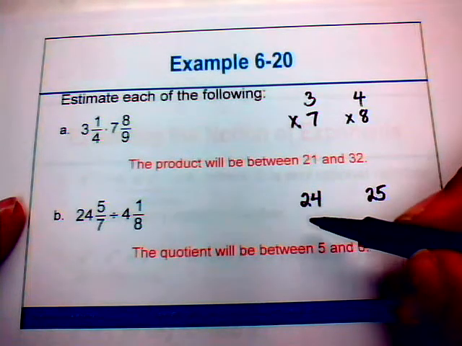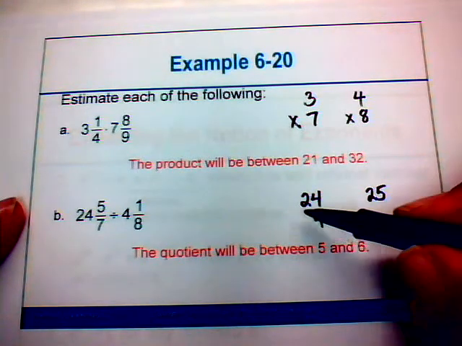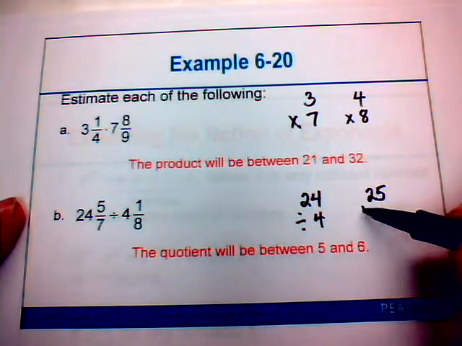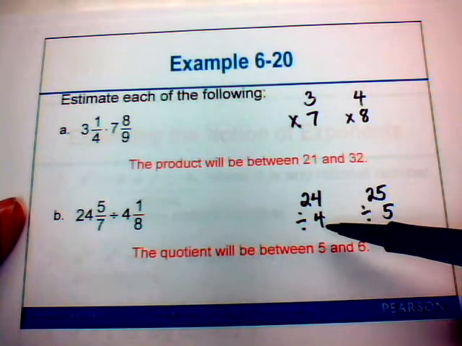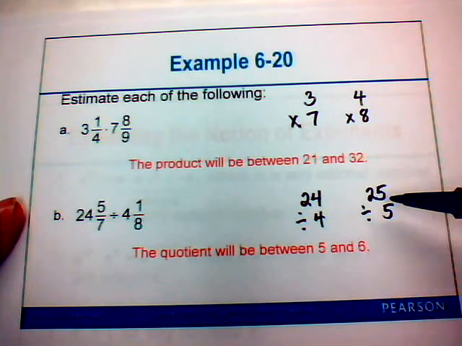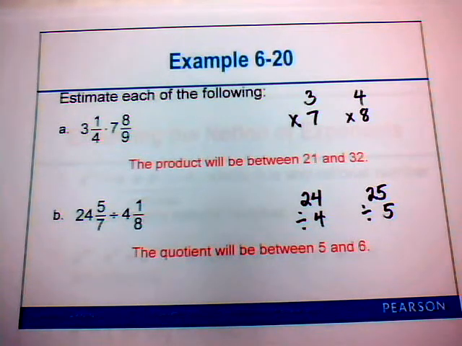For 4 and 1/8, the two whole numbers are 4 and 5. Now we're doing division, so 24 divided by 4, that's 6. 25 divided by 5, that will be 5. So that quotient is going to be a number or mixed number between 5 and 6.